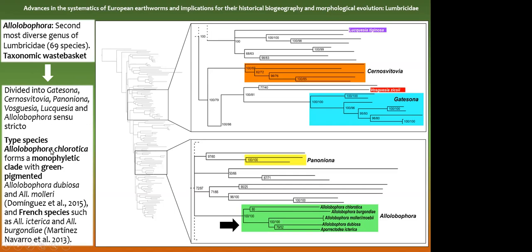For example, the type species Allolobophora chlorotica, we can see here that it forms a monophyletic clade with the green pigmented earthworms Allolobophora dubiosa and Allolobophora molleri and moebii, but also with the French species Allolobophora icterica and Allolobophora burgundiana.